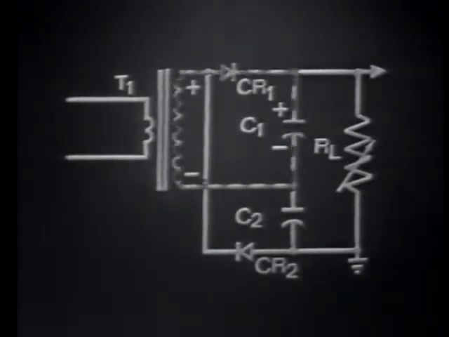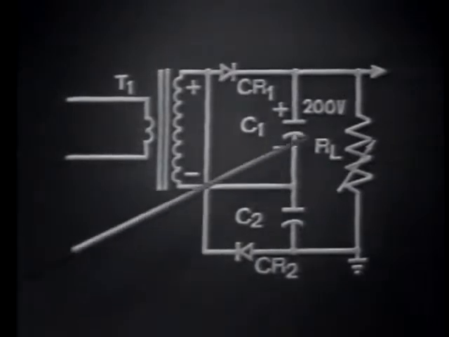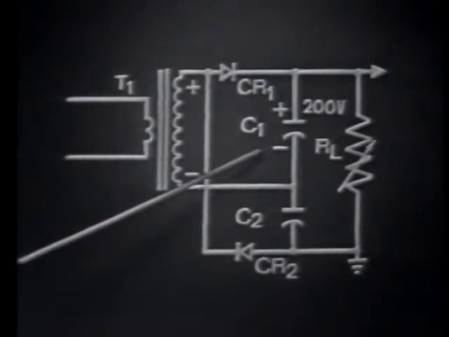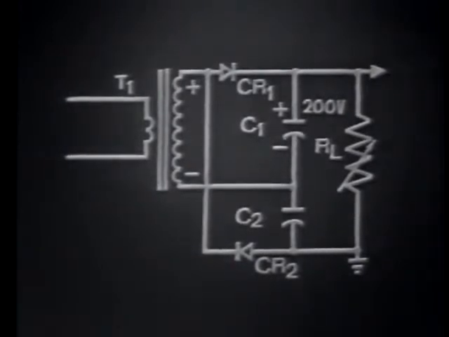Therefore, C1 charges to the peak voltage of the transformer secondary. If the peak of the secondary equaled 200 volts, C1 at this time would be charged to this value. Now, for the sake of explanation, let's leave C1 charged and consider the negative alternation of the input signal.